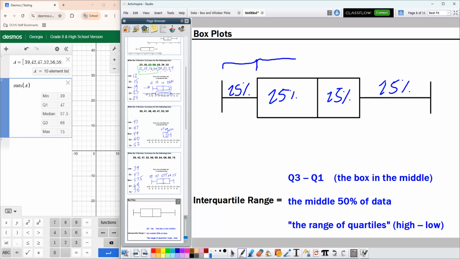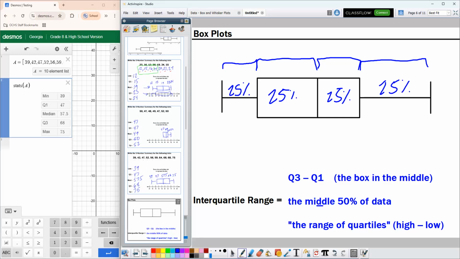And then 25 of those numbers would be right there. 25% of that data is in each of those. Okay? There's not necessarily 25 numbers. If there were less numbers, there would be less numbers in there, but 25% of that data is in there.